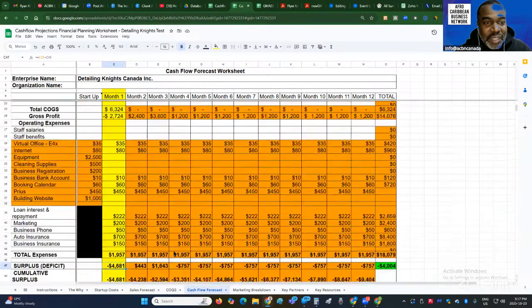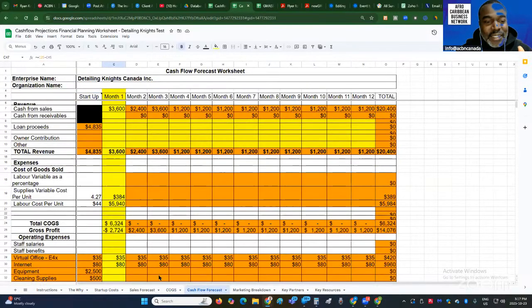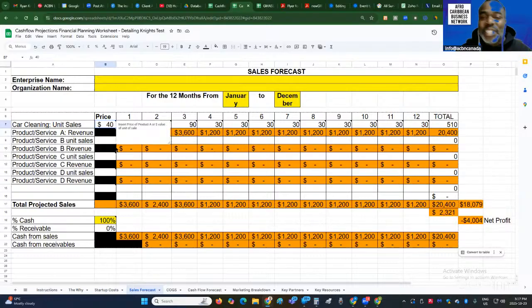Because every time we clean a car, when we did our cost of goods sold, this is crazy. This should be 2 hours. Hold on. So it's $44 in labor. If I was going to send somebody to clean a car, you'll notice that if we're only charging $40, we're losing no matter how many cars we sell or clean.